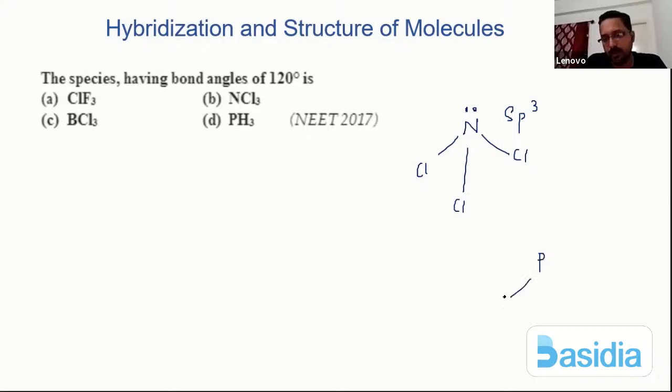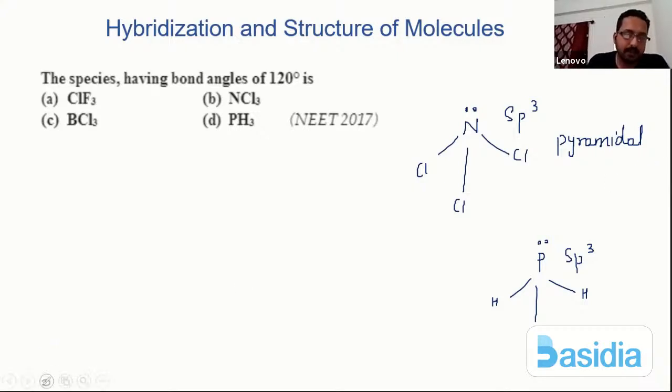So phosphorus, then you have a hydrogen, a hydrogen, a hydrogen, with the lone pair of electrons. Again, the hybridization is sp3. So I understand the geometry of these guys is pyramidal, and we also understand what the bond angle is.